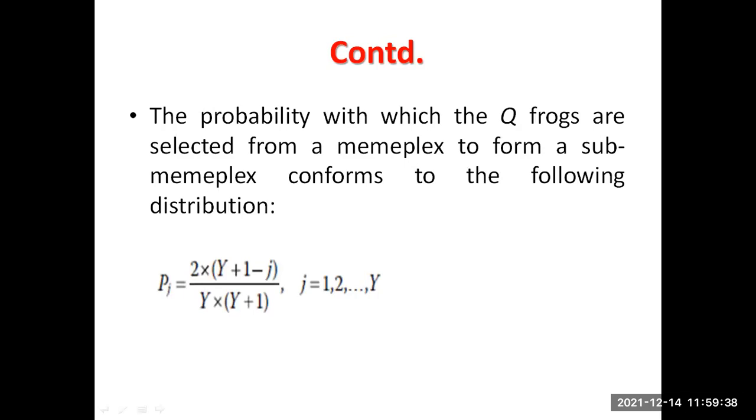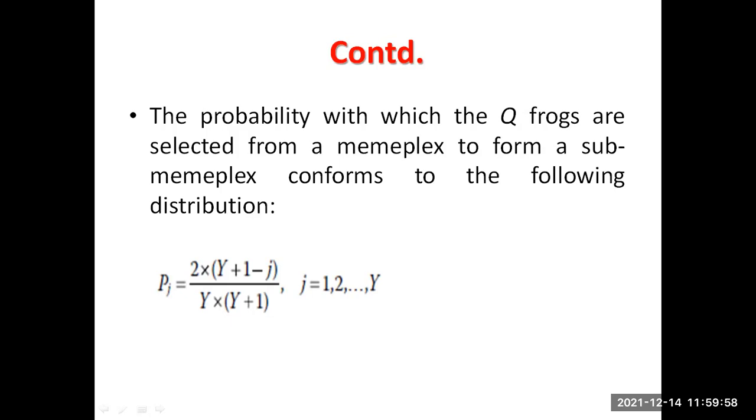The probability with which the Q frogs are selected from a memeplex to form a sub-memeplex conforms to the following distribution. To give an analogy, a group of frogs within a memeplex suddenly say that they will form a small colony.